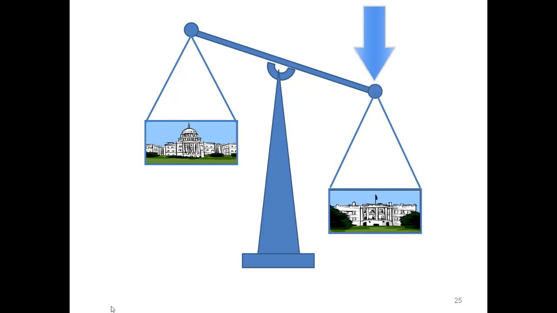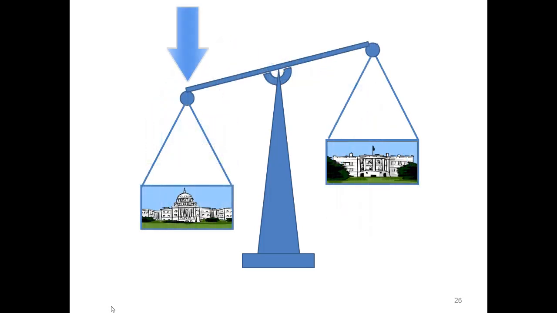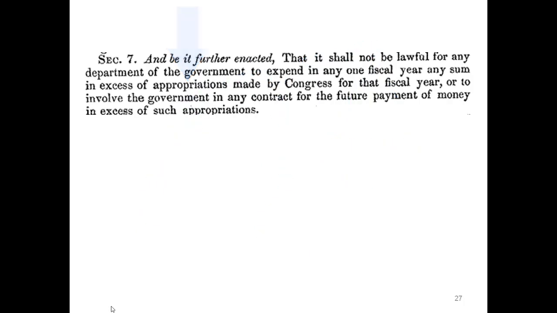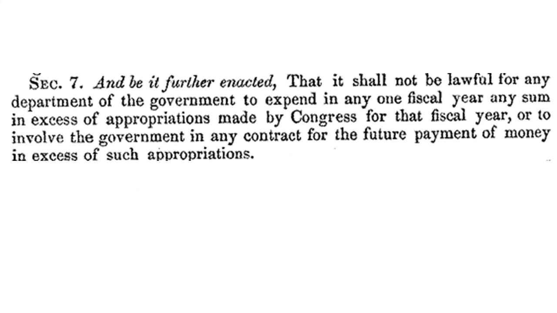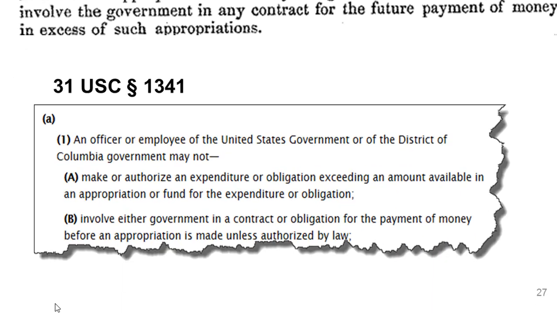This power shift, of course, created some more tension between the branches and caused Congress to pass more legislation in 1870, legislation that has come to be known as the Anti-Deficiency Act, in order to reassert their power of the purse. Here is the original legislation, and here is the codified version in effect today.